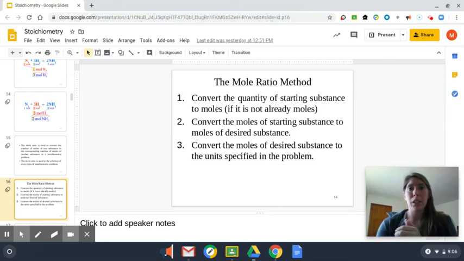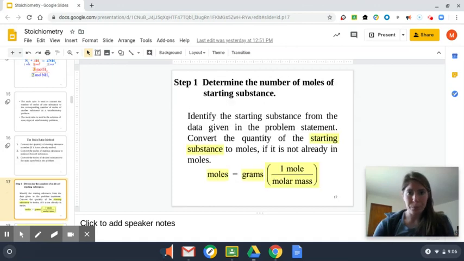For the time being, we are really only going to be working on 1-step equations, going from moles to moles. The first example will have you convert from grams to moles using molar mass, but that's practice. That's something we've done plenty of times before.